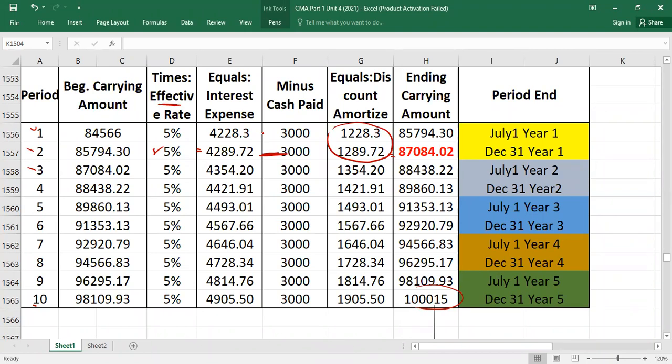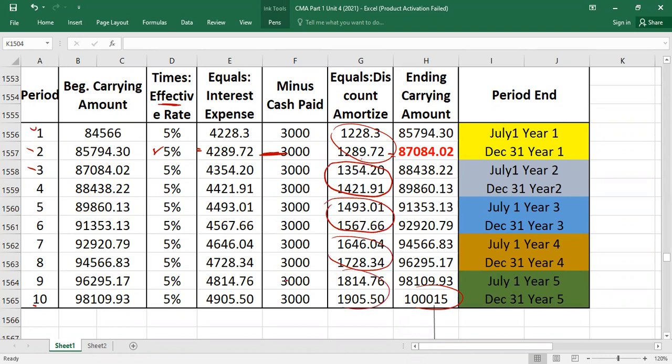Right? What is the amortization of discount for the first 6 months? For the first 6 months, this will be the answer. But for the first year, this will be the answer. Right? What is the amortization of discount for the second year? These two. Third year, these two. Fourth year, these two. Fifth year, these two.